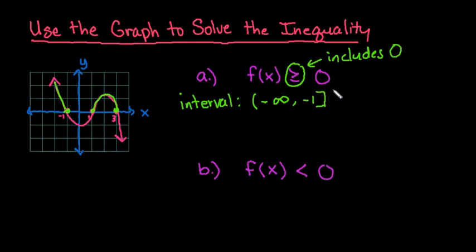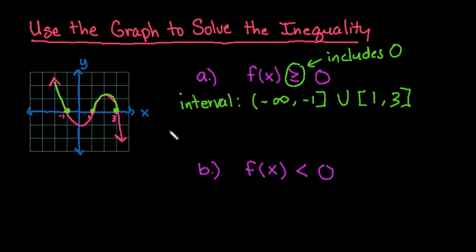Because it includes it, we would use a bracket. And we do have another interval where this also occurs. So from 1 to 3 is also the x values that would make y positive. So if I plugged in any number from 1 to 3 into the equation of this graph, it would give me an output that is positive.